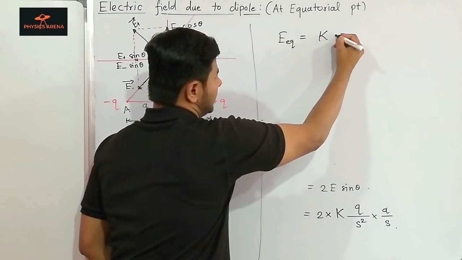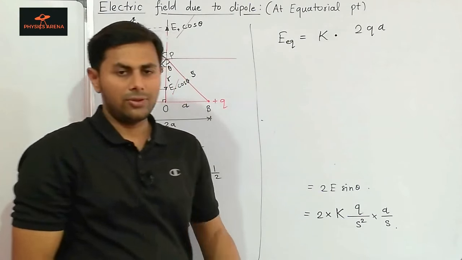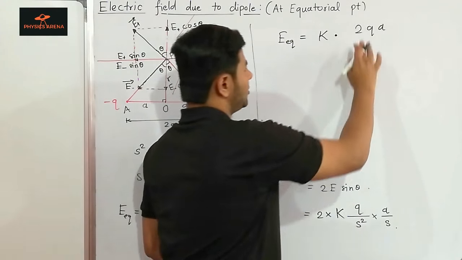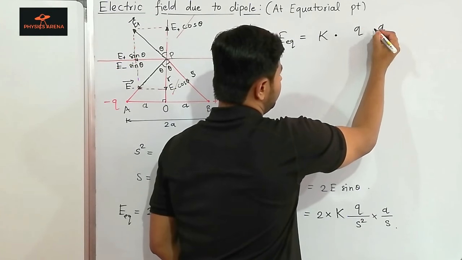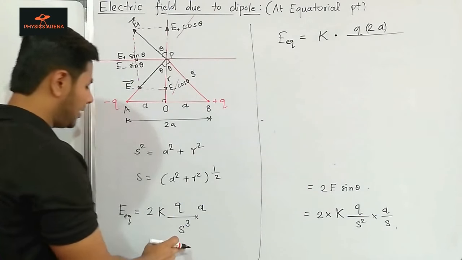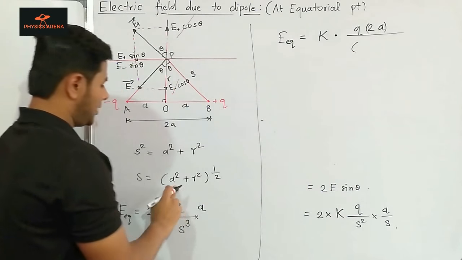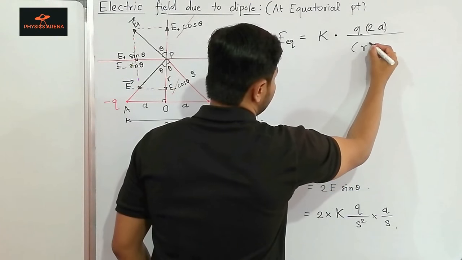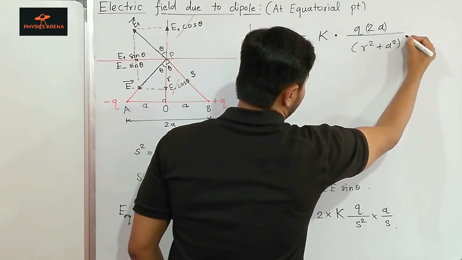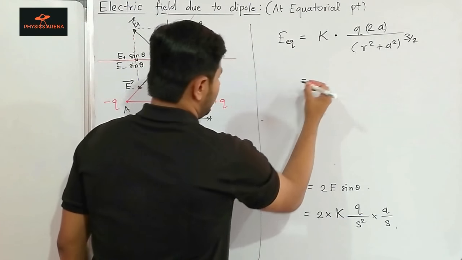So I will write this as K into 2 times QA, or Q times 2A, divided by S cube. So S is A square plus R square, or R square plus A squared raised to half, and cube of that. So we have 3 by 2.